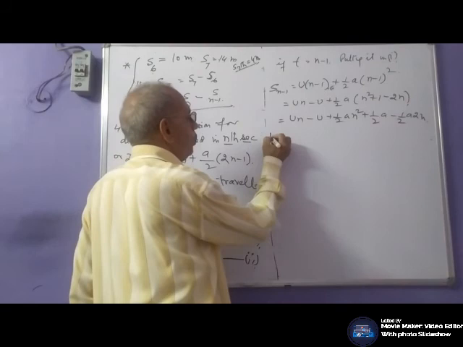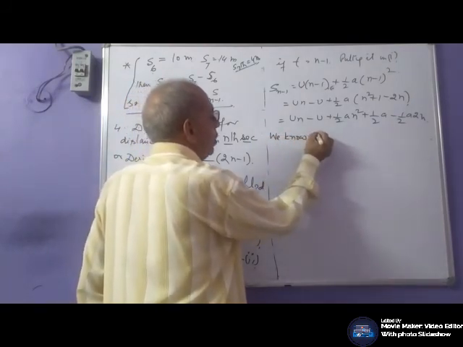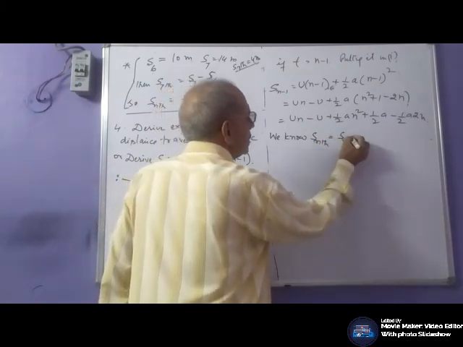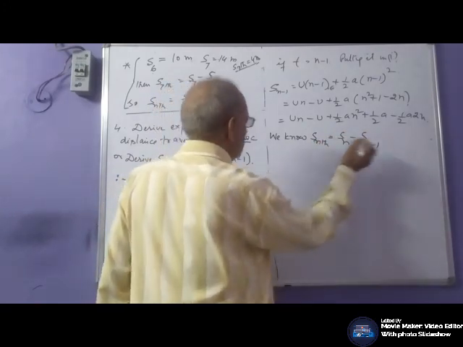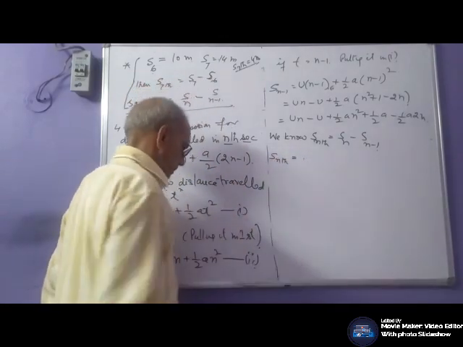We know, what we know? Snth equals Sn minus Sn minus 1.